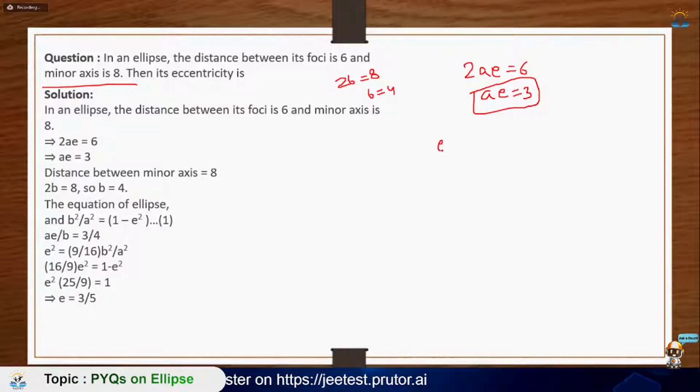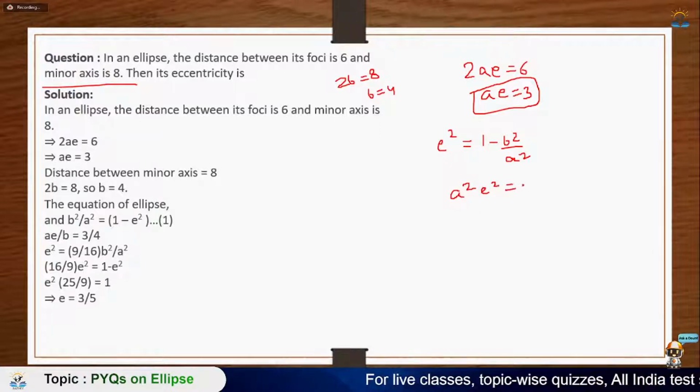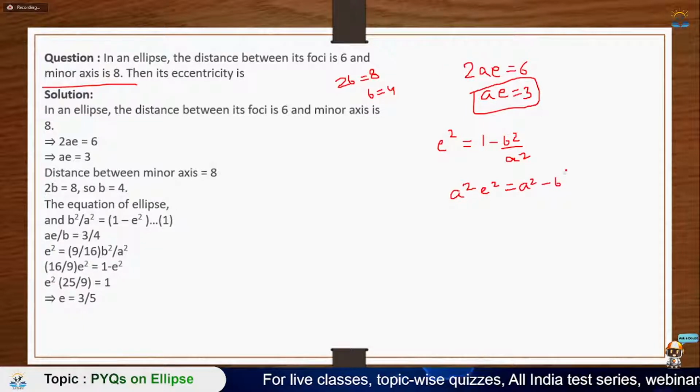अब मेरे को वापस इसेंट्रिसिटी की इक्वेशन पता है. इसेंट्रिसिटी की जो इक्वेशन होती है, that is e square equal to 1 minus b square upon a square. तो अब मैं यहाँ पे इसको थोड़ी इक्वेट करूंगा तो मेरे को मिलेगा a square e square इक्वल टू a square minus b square. So ae is 3, so 3 square is 9.